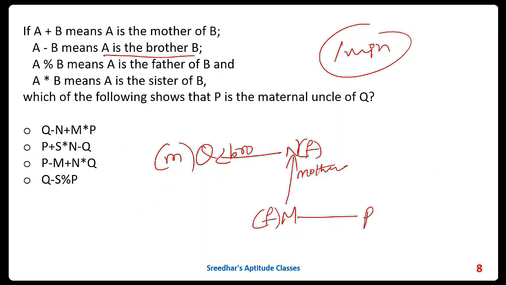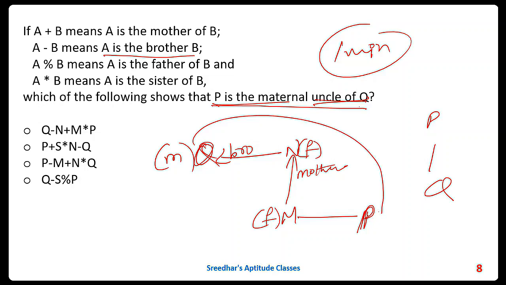So here for P, P is the maternal uncle of Q. Actually, if P has to be the maternal uncle of Q, P should be above Q, because the maternal uncle is of the previous generation for Q. So therefore here Q is above, P is below. So it can't be true. Here Q is the maternal uncle of P, but we want P to be the maternal uncle of Q. So the first option is eliminated.